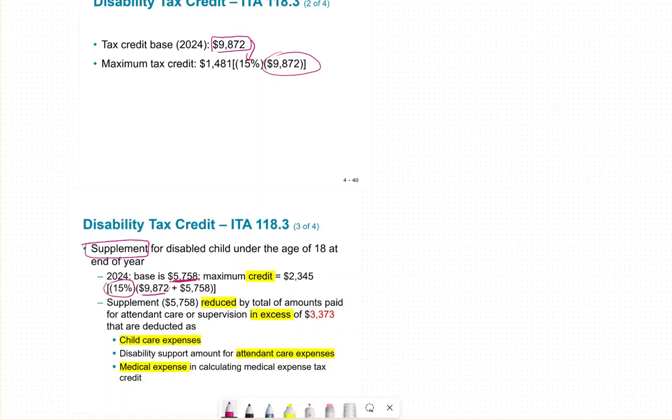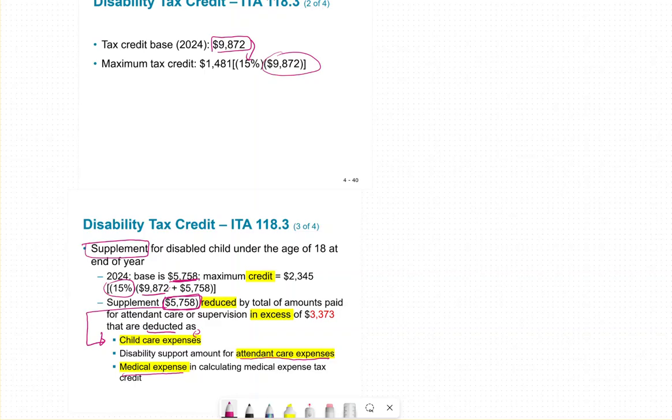So what happens is your supplement credit is reduced by the amount you paid for child care expenses or for any attendant care expenses. Also, if there's any medical expense, in calculating the medical expense credit.